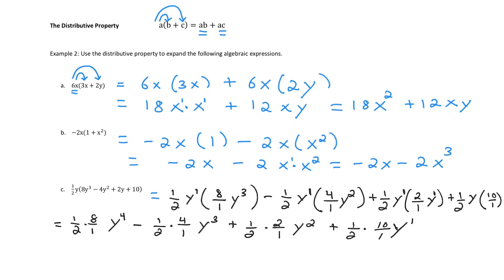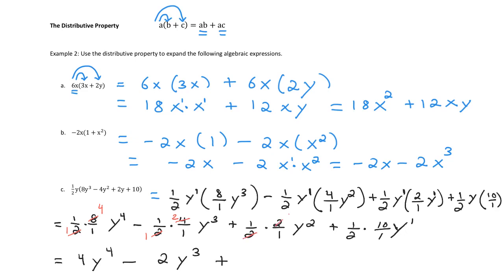To complete this problem, all we need to do is simplify the numbers that appear in front of all of the y's. So I'll start with the first one. 2 goes into itself once, it goes into 8 4 times, giving me 4y to the fourth. Then it's going to be minus, all right, 2 goes into itself once, it goes into 4 twice, so this is going to be 2y cubed.